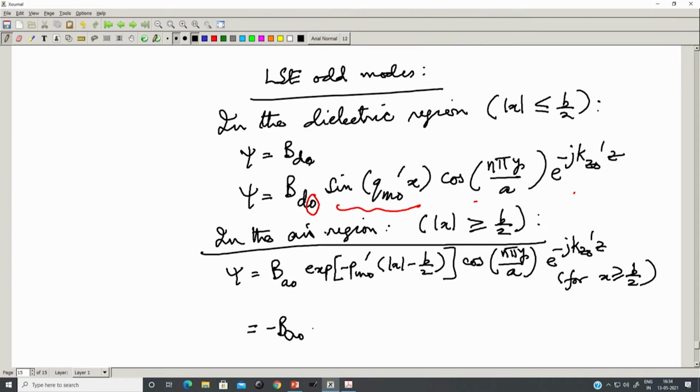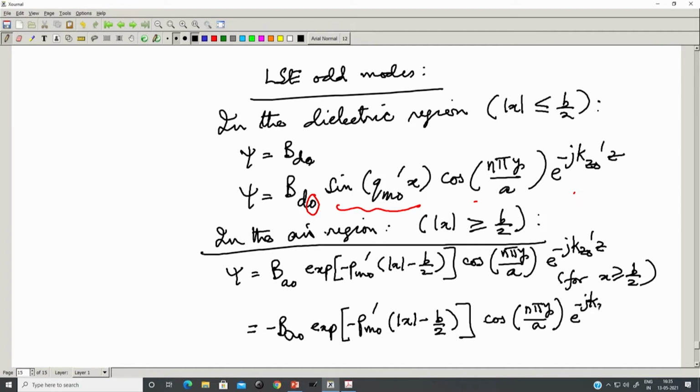Okay. So, minus BAO exponential minus PMO prime mod x minus b by 2 cos of n pi y by a e to the power minus j k z naught prime z, that is for x less than or equal to minus b by 2.